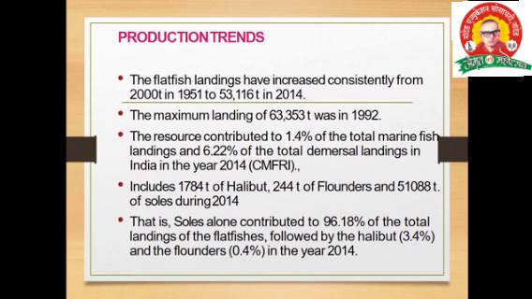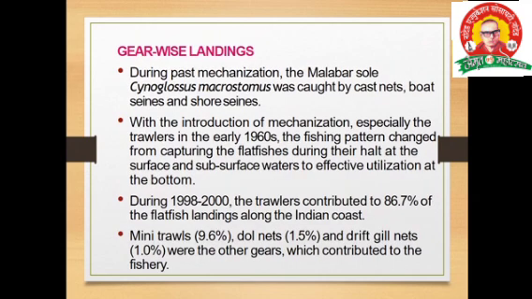I found that the flatfish landing increased constantly from 2000 tons in 1951-53 to 2040. This is the oldest data, but the production and commercial importance is more of the flatfish. And the solefish contributes 96.18% of the total landing of flatfish. This is an important point of view.